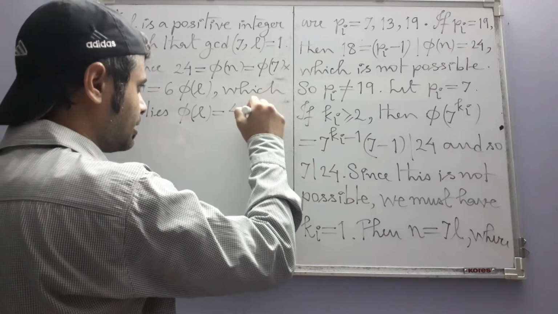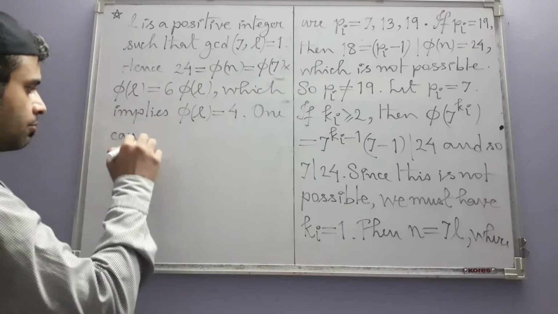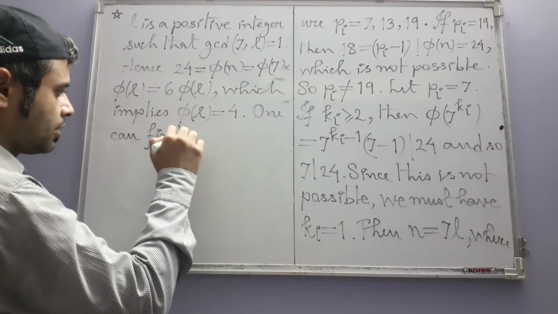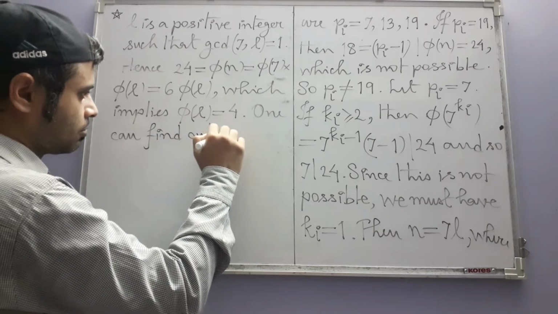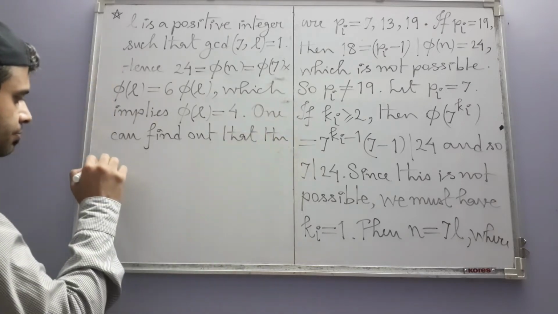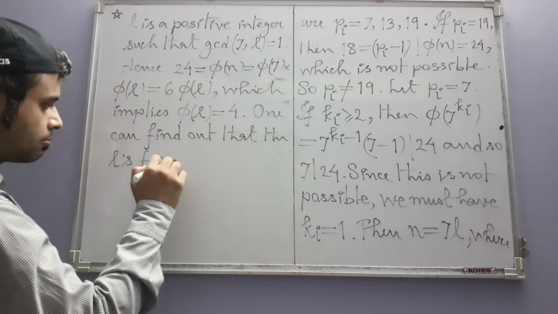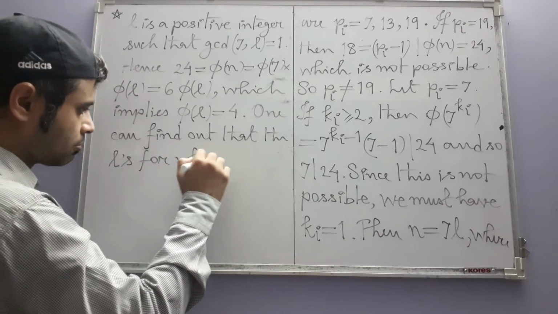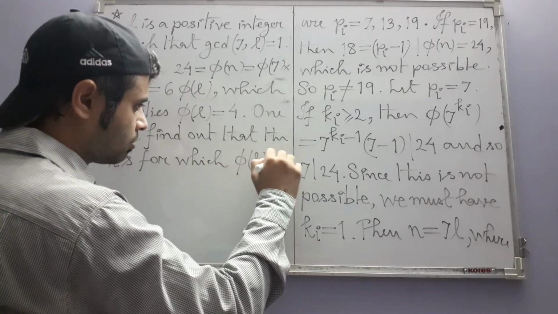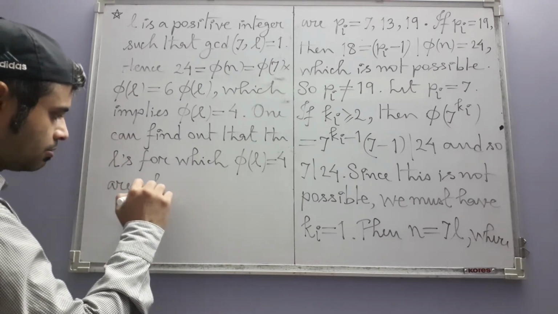One can find out that the L's for which phi of L is equal to 4 are these.